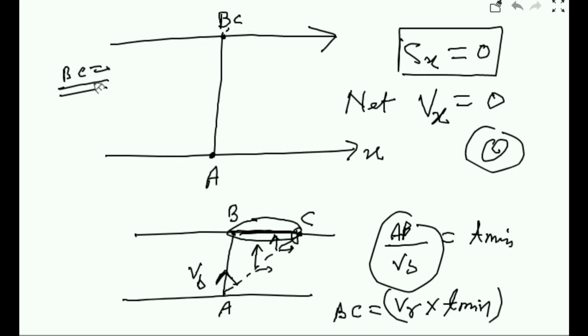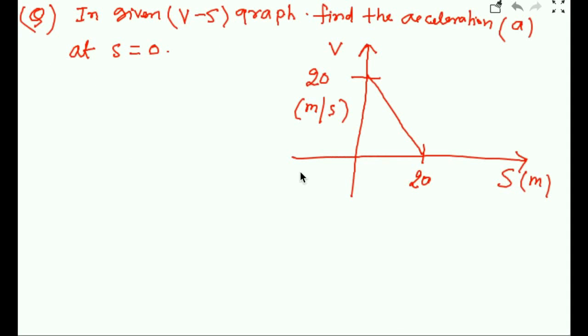Okay. Question is, in the given velocity displacement graph, find the acceleration a at s equal to 0. So you know the velocity and position graph. So what will dv by ds give?